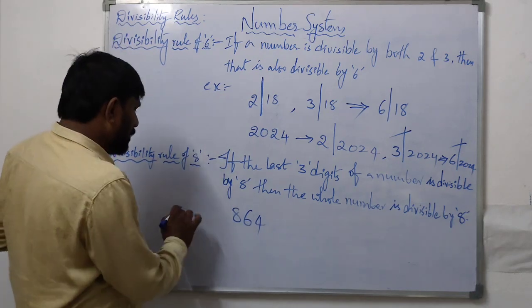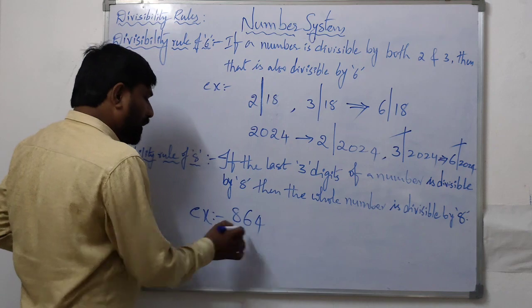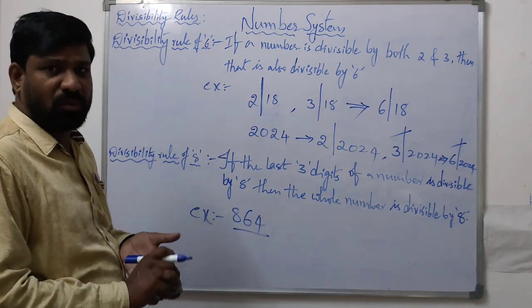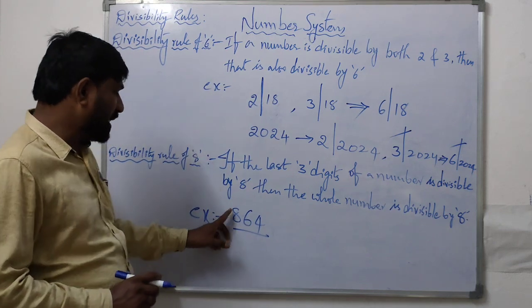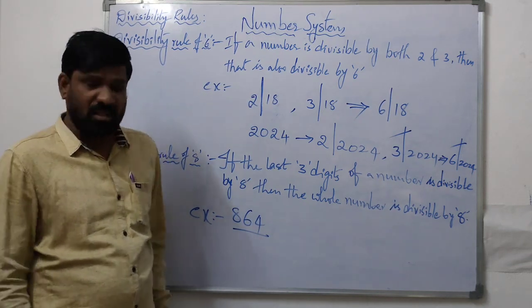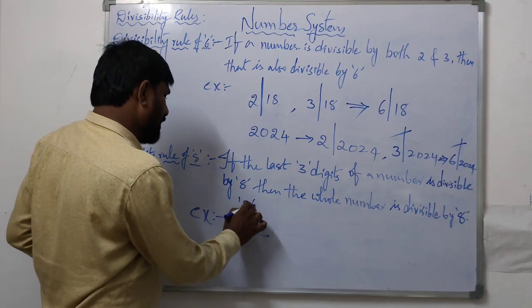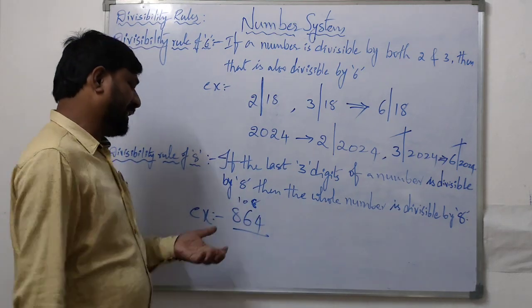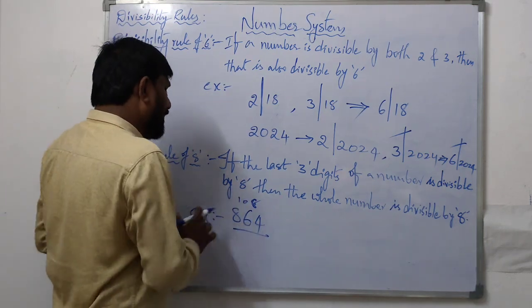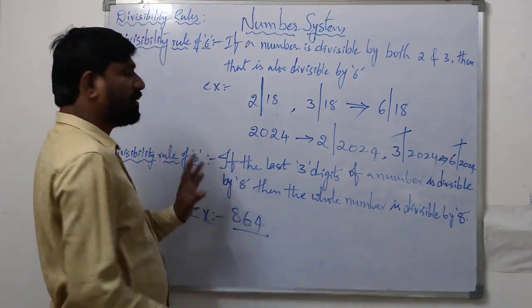Okay. So if you take 864, to check if it is divisible by 8, you only have to do general division, like cancellation. 8 ones are 8, 0, 8 sixes are 48. So it is divisible by 8, 108 times it goes. So it is divisible by 8.